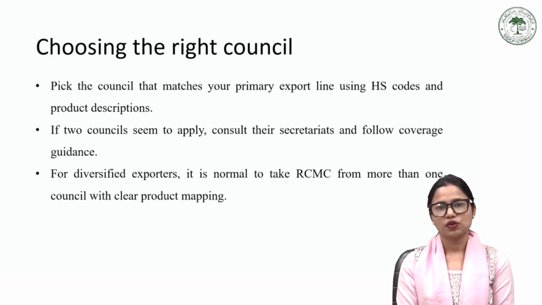Before applying, it is also important for the exporter to be sure of the right council to go ahead with. It is important to know what the products are and assign them to the correct HS codes. So an exporter may be engaged in the manufacture and export of a number of products, but before applying for RCMC, they must identify the primary export line.